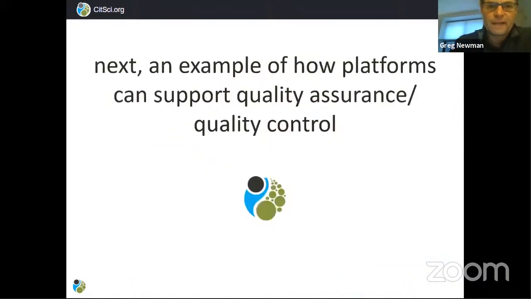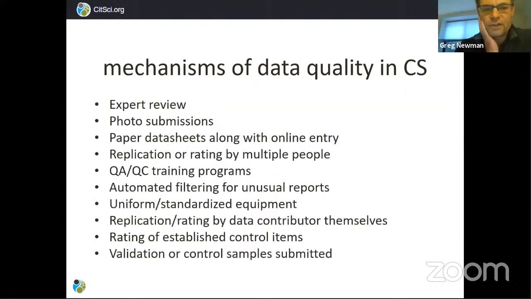So next, I want to talk about point 2. And that is an example of how platforms can support quality assurance, quality control. This is just to highlight that there's a variety of mechanisms in place in active citizen science projects, both being hosted on platforms and having built their own platforms or what have you, through different mechanisms.